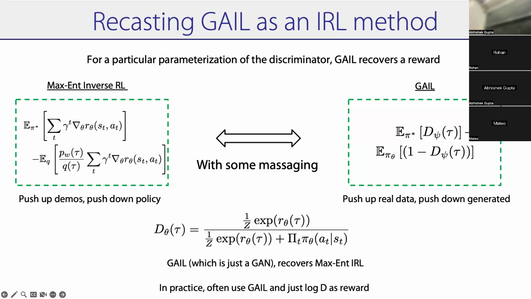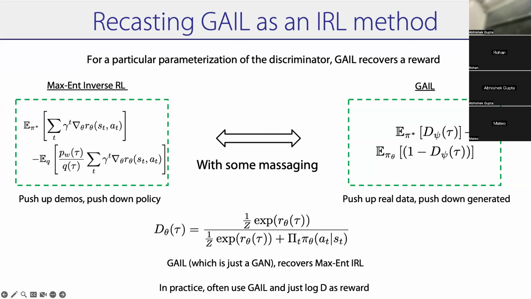And what GAIL does is it trains a GAN where it trains a classifier between expert data and non-expert data, and uses the log likelihood of the classifier as rewards for the policy, right? So for the policy, you're trying to get things that confuse the classifier. And for the reward function, you're trying to classify between optimal and suboptimal behavior.